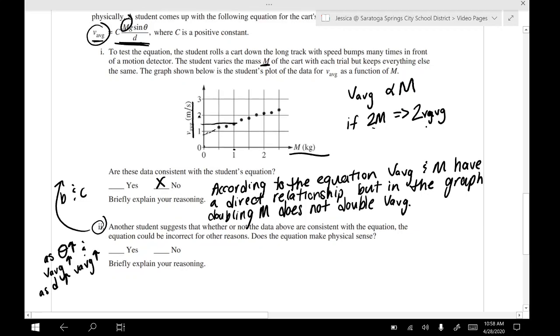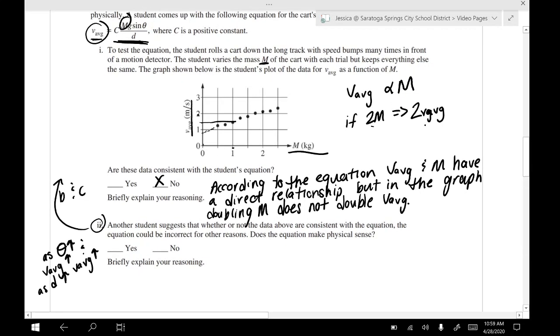As theta increases, sine is going to increase, which is going to lead to a greater V average. So that's good. Now we have to look at D. According to the equation, V average and D, the distance between the bumps, have an inverse relationship, which would mean that increasing D actually leads to a decrease in V average, which is not the case. So this would be a no.